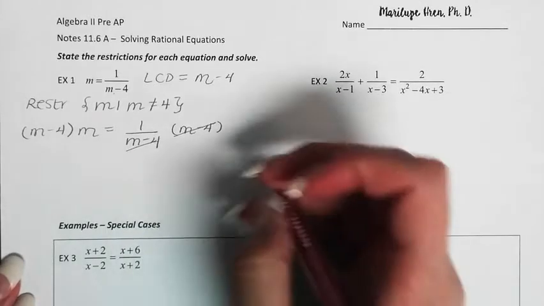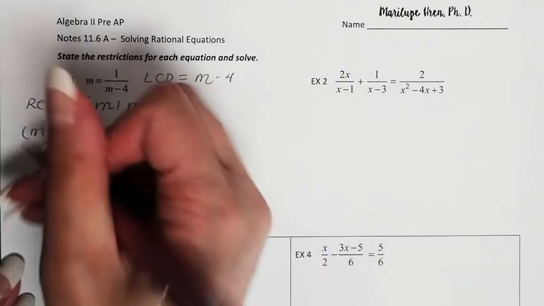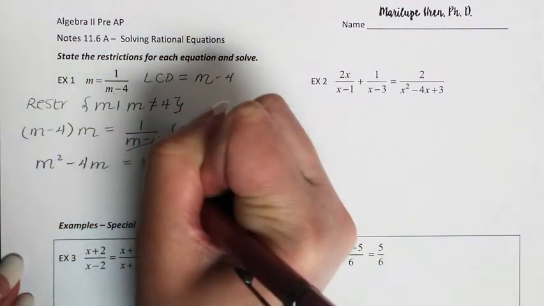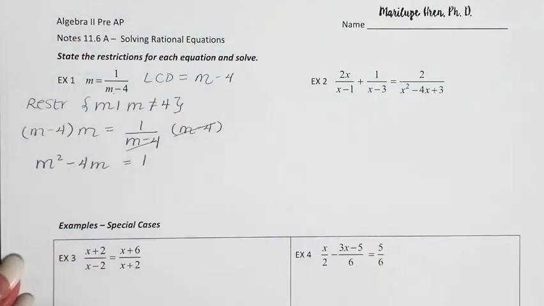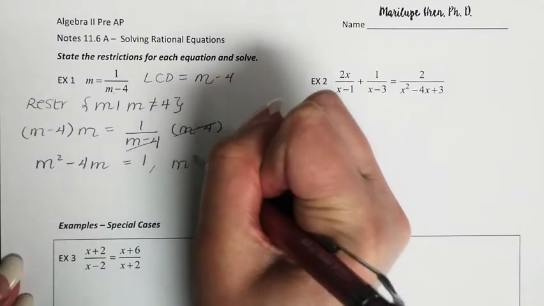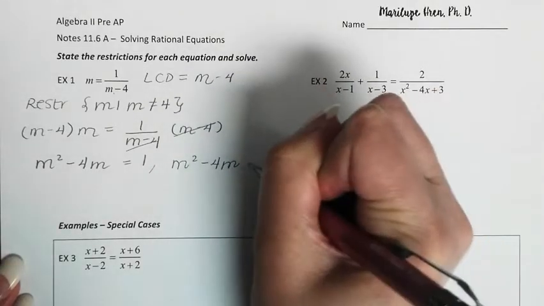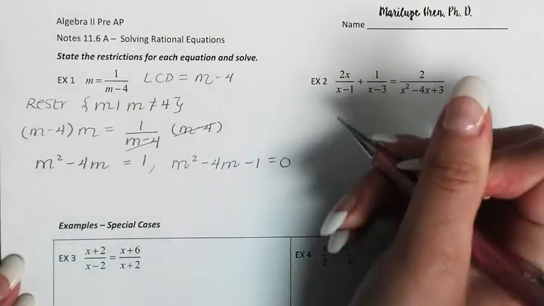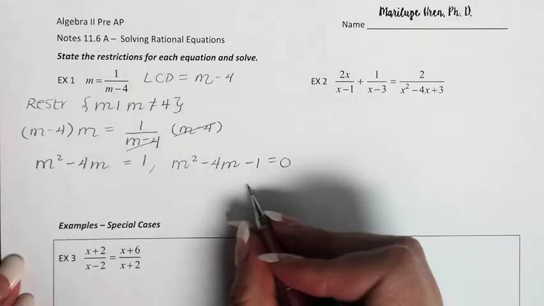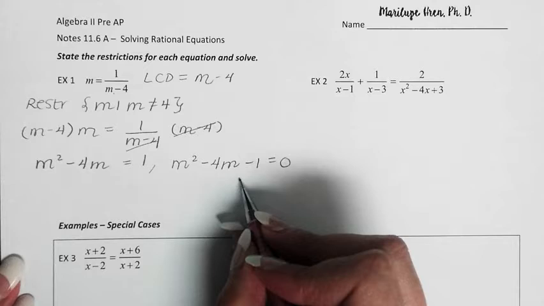As you can see, on this side it's very convenient because you cancel this out. After that you can distribute, so you have m squared minus 4m, and this is going to be equal to only 1. From here you have a quadratic equation in the form m squared minus 4m minus 1 equals 0. Since factoring is not straightforward here, I will use the quadratic formula.